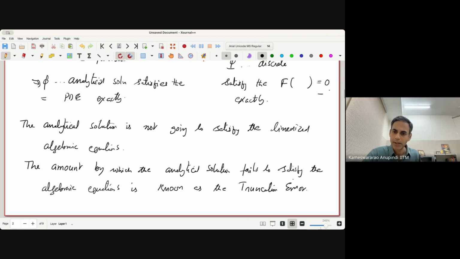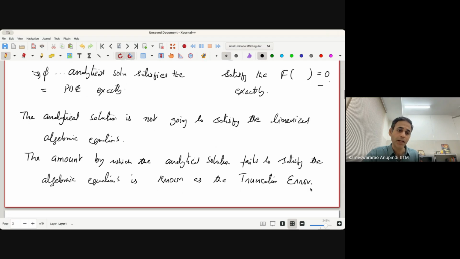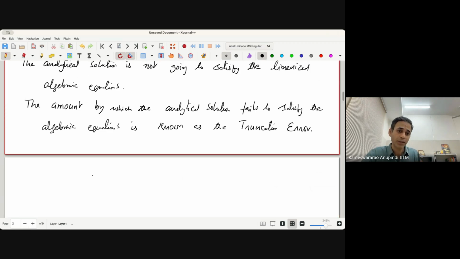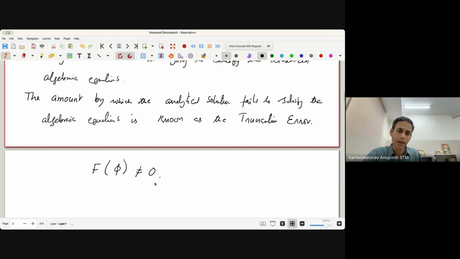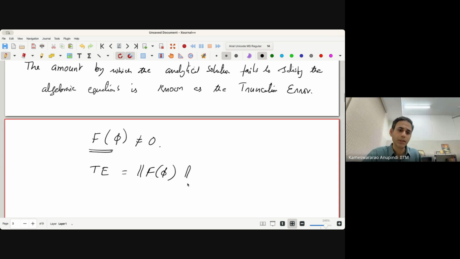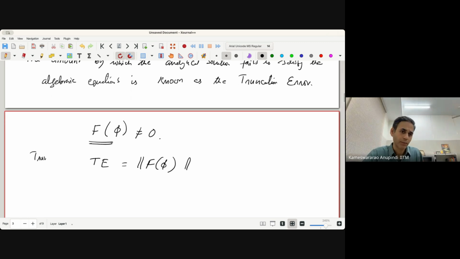Okay, that is known as the truncation error. That means the amount by which the exact analytical solution fails to satisfy the algebraic equation. That means F of little phi is not equal to 0, right? And exactly this amount is known as the truncation error, TE. That means F of phi in some norm is known as the truncation error.